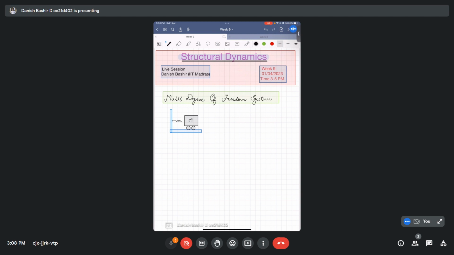It had only one single inertial effect, the concentrated mass m, and we required only one displacement or rotation, here only one displacement x of t in the x direction. So we required only one independent displacement to completely represent the inertial effects of this system. That's why we call it a single degree of freedom system.